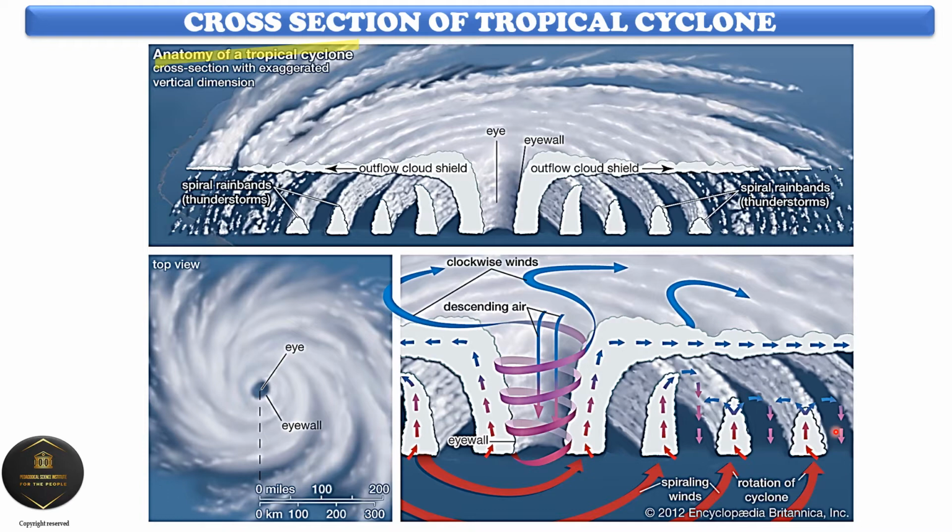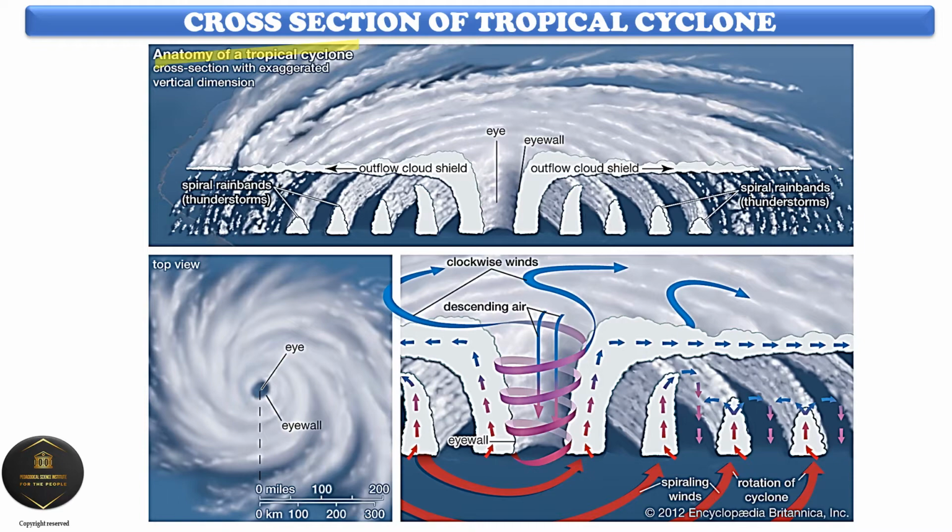And around the eye wall, you'll have your most intense cumulonimbus clouds that will lead to hurricane strength winds and hurricane strength storms forming as a result over there.